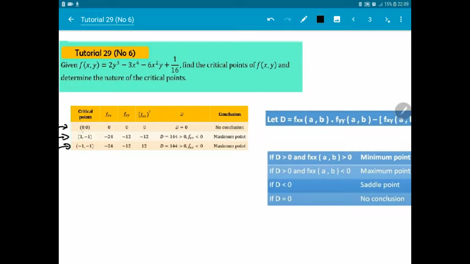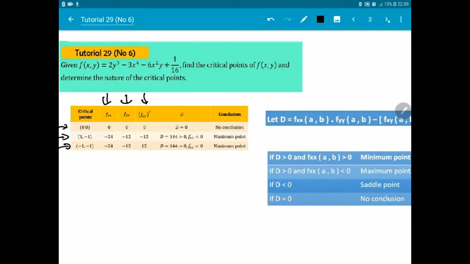Like for point 0, 0, at fxx the x must be 0 and the y also 0.